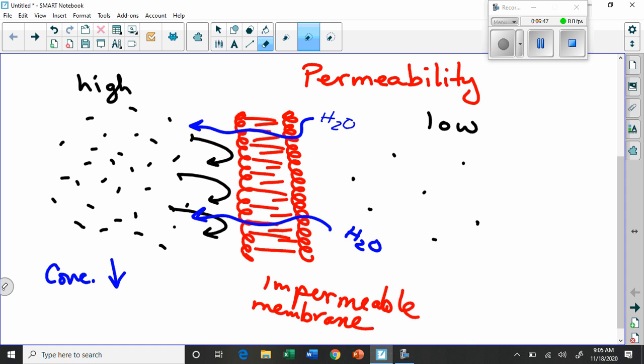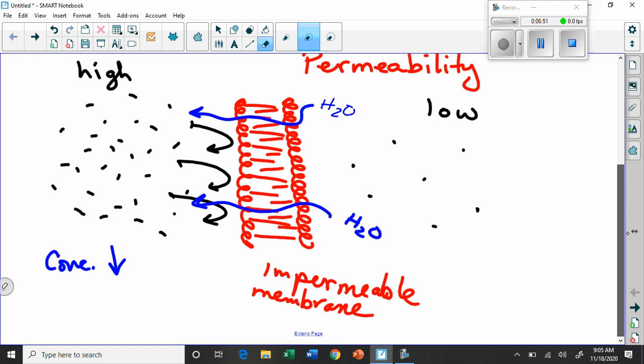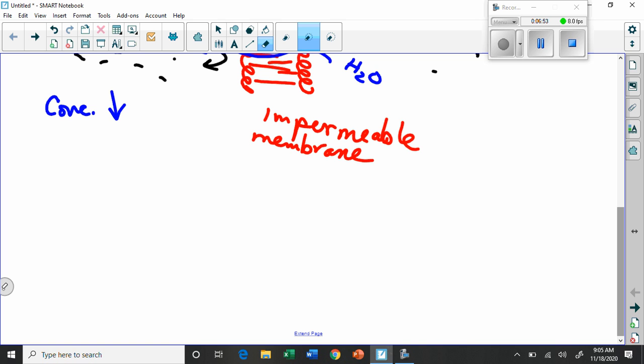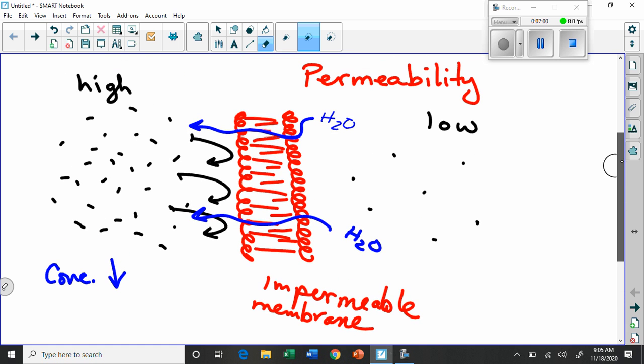Does that make sense? And that's osmosis. And of course, it all depends on the membrane. Some membranes can be impermeable to one thing and not another. But like I said, because water is such a tiny little molecule, H2O, compared to sugar, glucose, and those bigger ones, it pretty much can slip through no matter what.